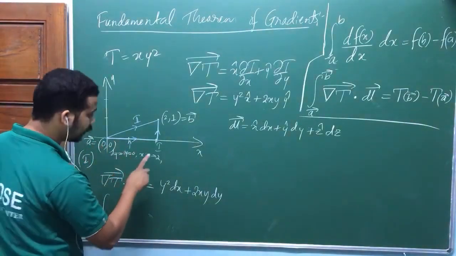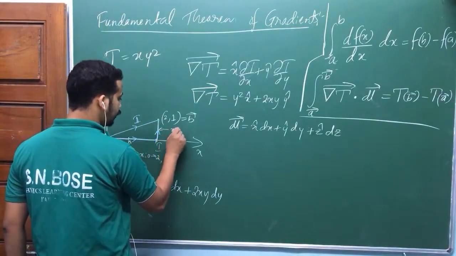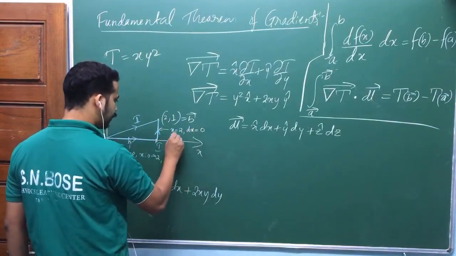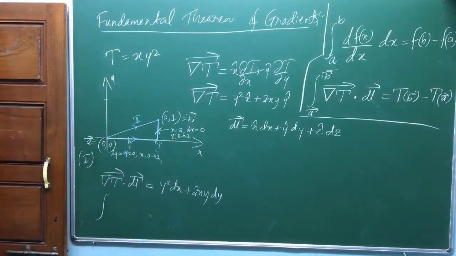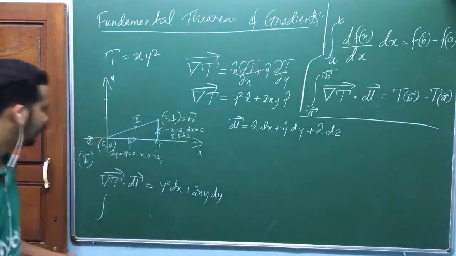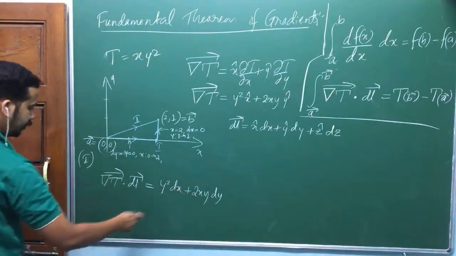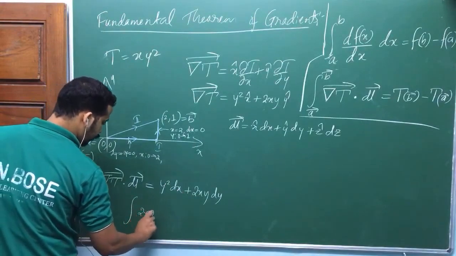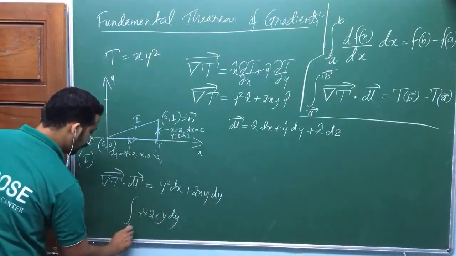I am doing it directly. So from here to here, along this direction, x is equal to 2, dx is equal to 0, y is running from 0 to 1, dy is non-zero. dx equal to 0, only this part exists. So 2xy, x equal to 2, into y dy, y varying from 0 to 1.